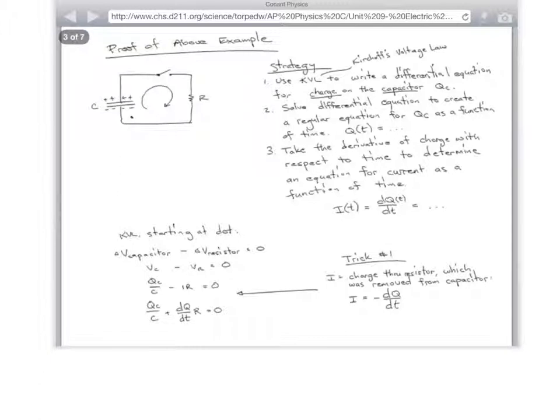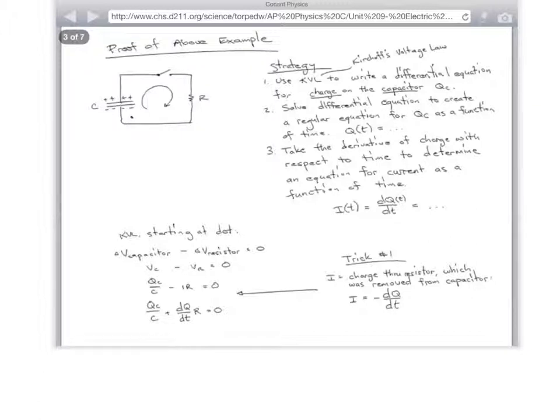Is there a relationship between the current flowing through the capacitor and the charge on the capacitor? What's the relationship? Well, first of all, what's the relationship between current and charge? It's the derivative of charge. I equals dq over dt, right?